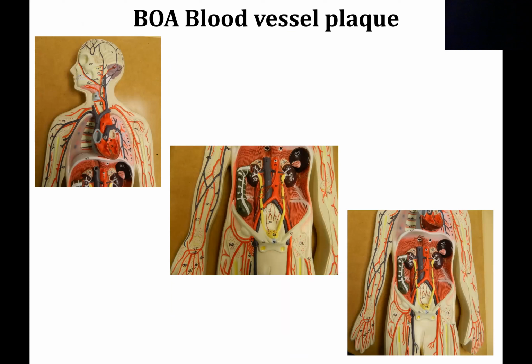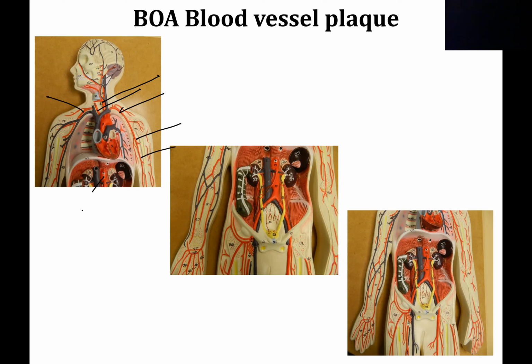This one I don't quite like as much, but you can see the brachiocephalic trunk. You can see the right subclavian artery, and you can see the left common carotid artery, the left subclavian artery, the axillary artery, and the brachial artery.